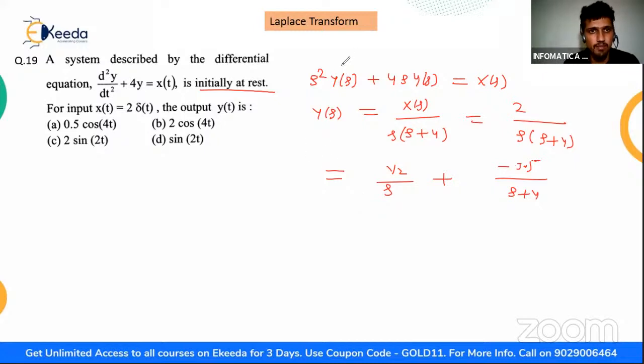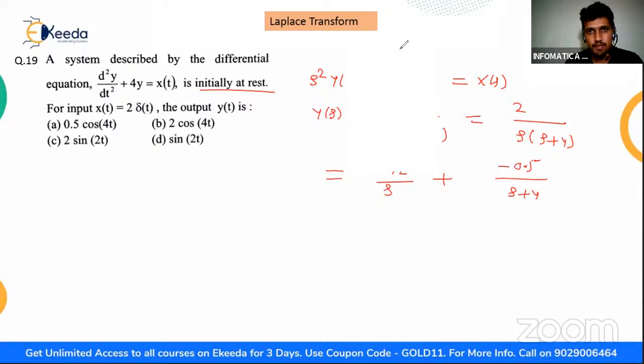Oh, we have made a mistake. They have not mentioned this differentiation, so there will be no s, so we have to correct it. Let me correct it, putting it in a different color.